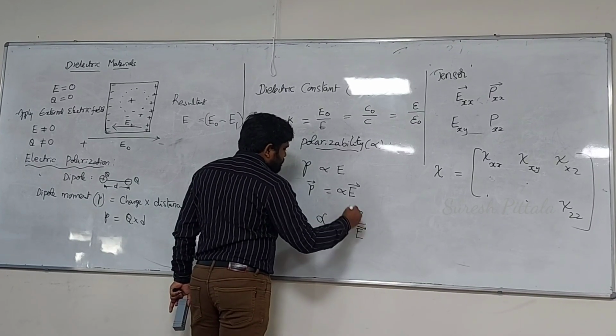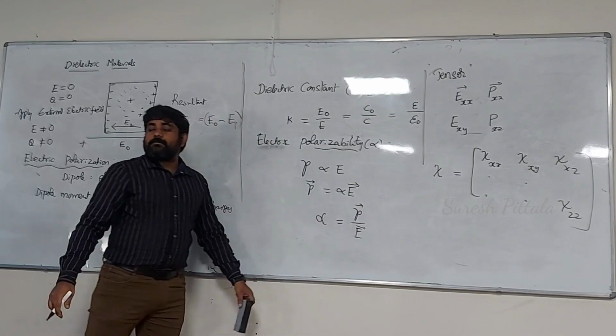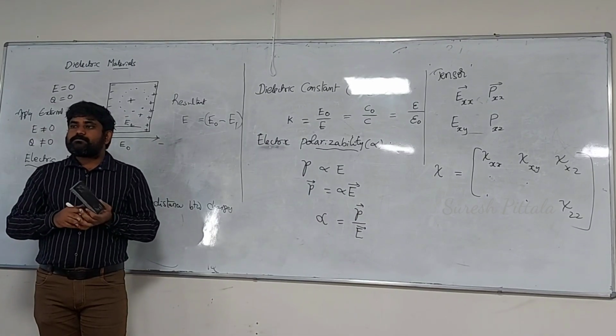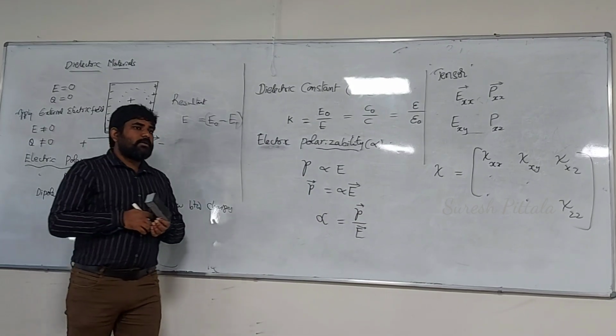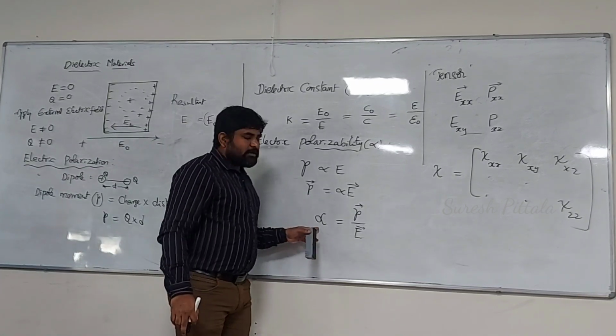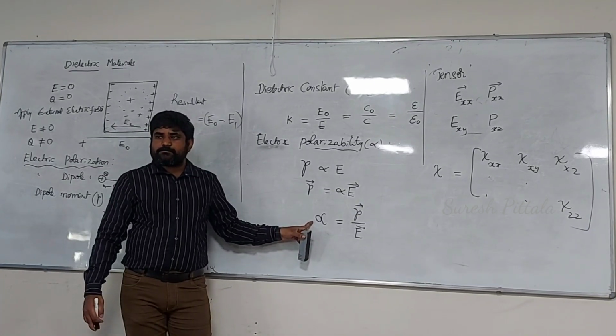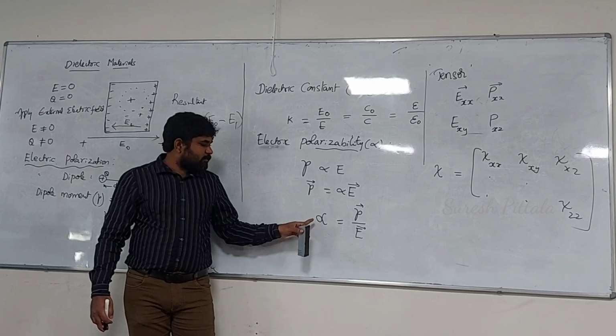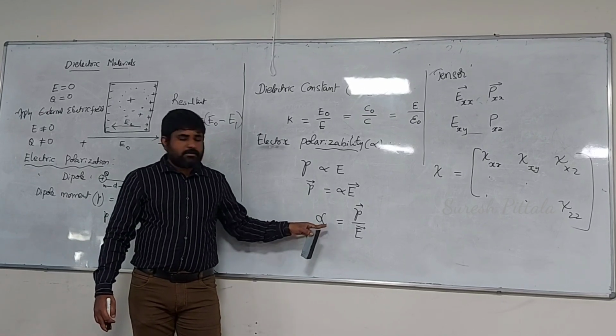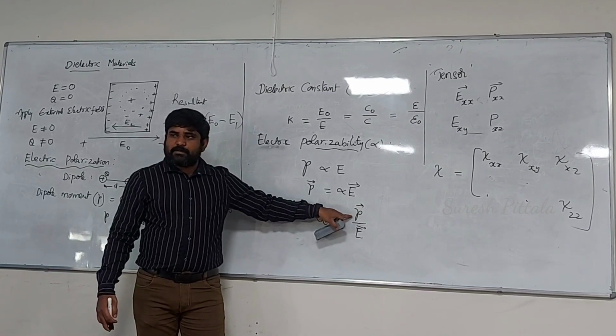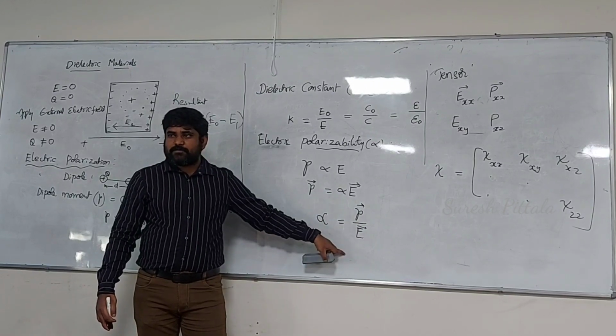What's the difference between susceptibility and polarizability? What's the difference between those both? What this parameter gives? Polarizability. Alpha gives how much dipole moment you are generating by applying the electric field.